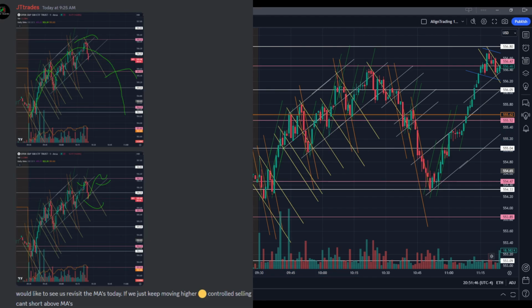Now, like I explained in the pre-market brief, you could not be shorting this until we were below the 5-day moving average, especially not off the open, unless there was some sort of structure saying that you could, right? If you saw a head and shoulder or something, but there was no reason to be shorting this, especially because the moving average, as you can see in the picture, when the market was open, we were still above both moving averages.